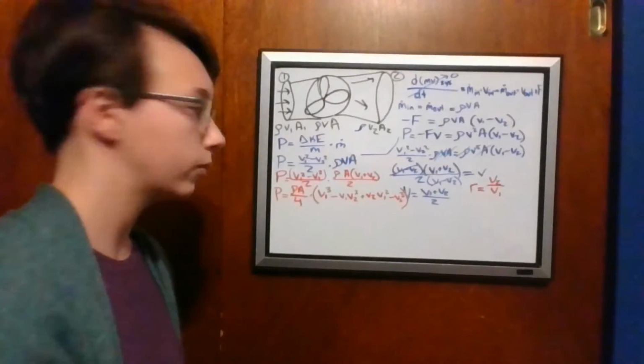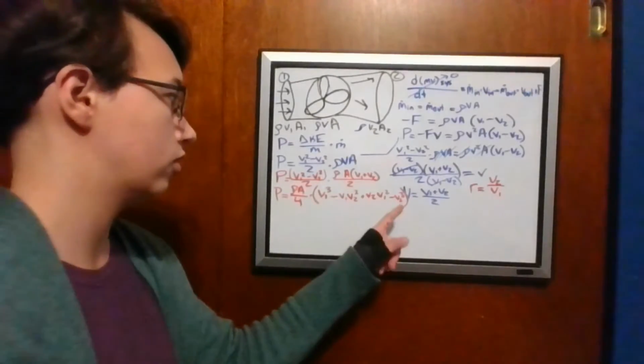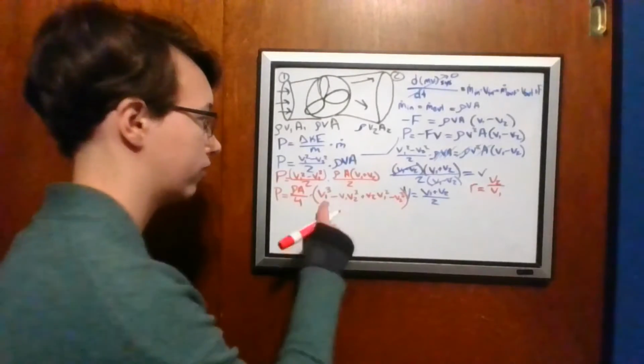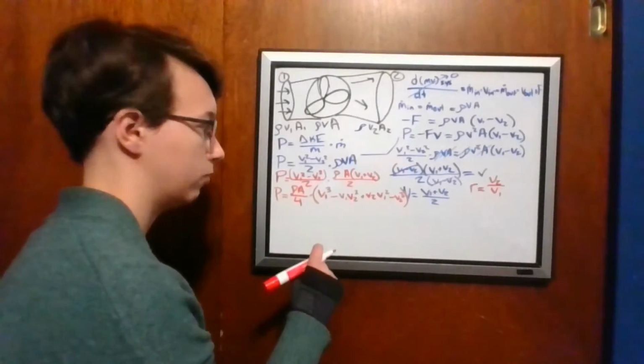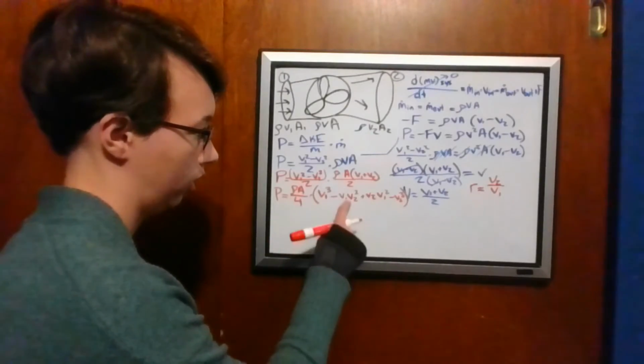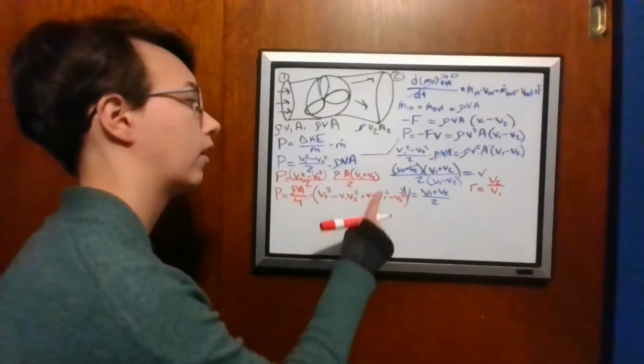So first what we need to do is get all of these terms into sort of the V2 over V1. So we'll divide everything by V1 cubed, because that'll bring this term down to 1, and then the other terms will have a V1 in the bottom.